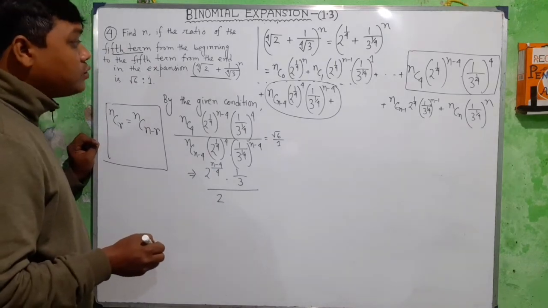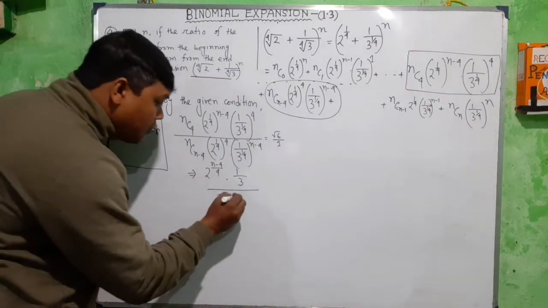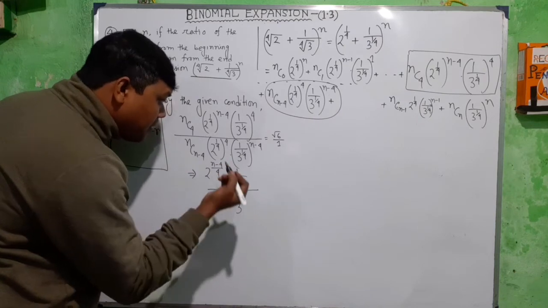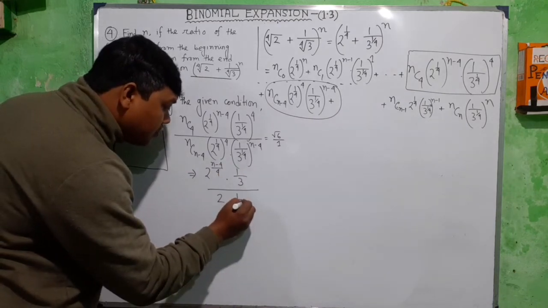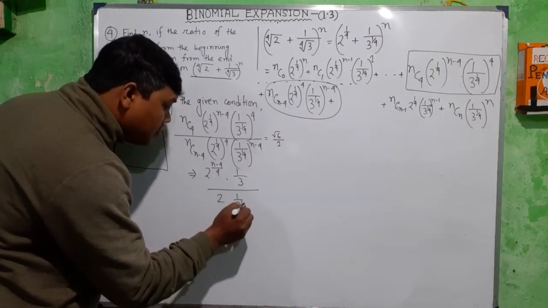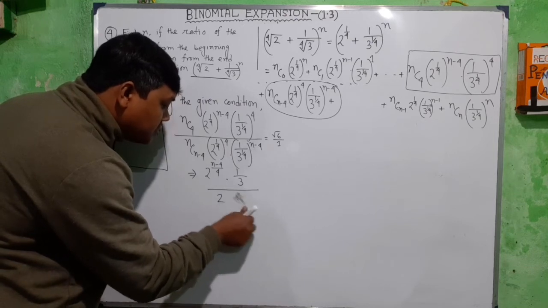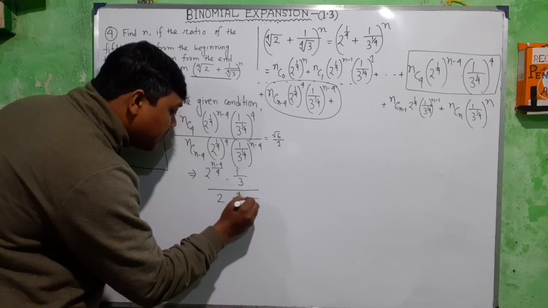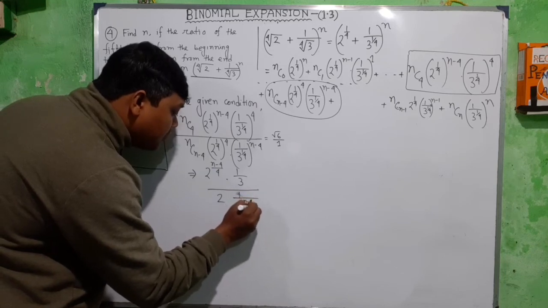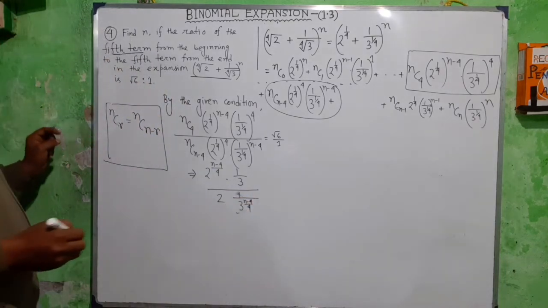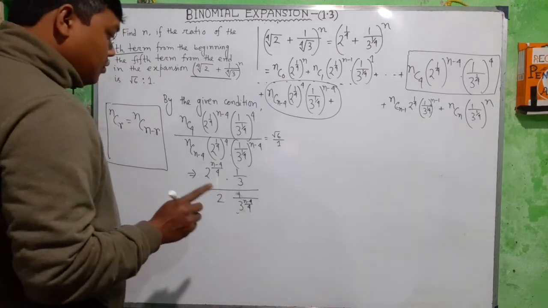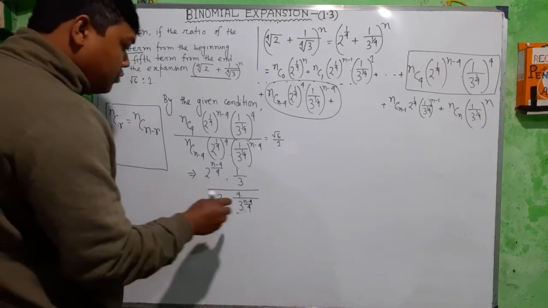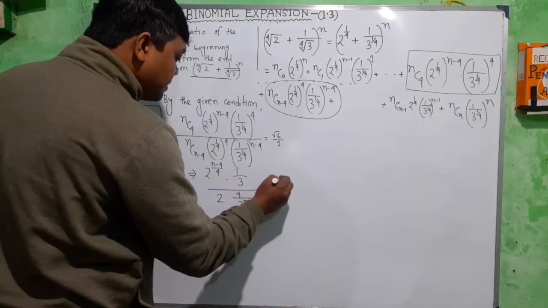Okay, and 1 by 3 to the power (n minus 4) by 4. So that gives 3 and 2, that equals root 6.